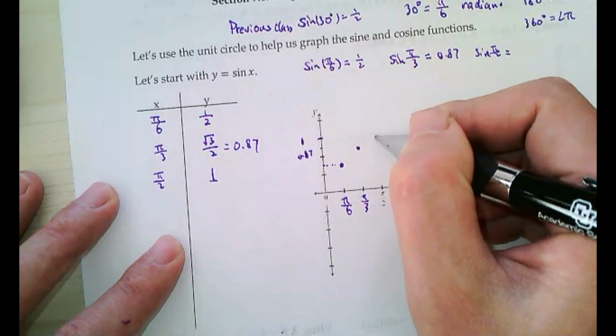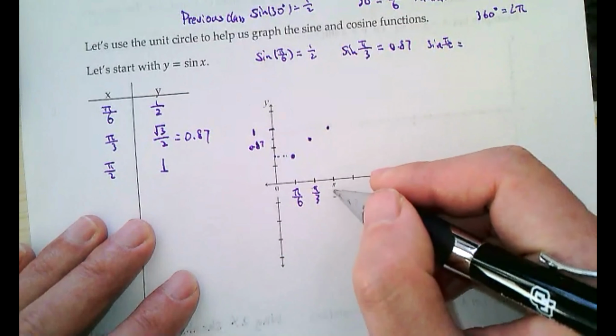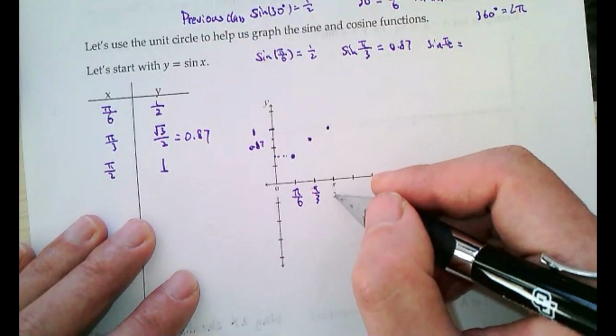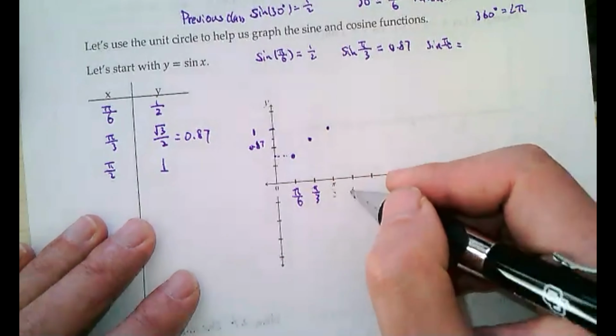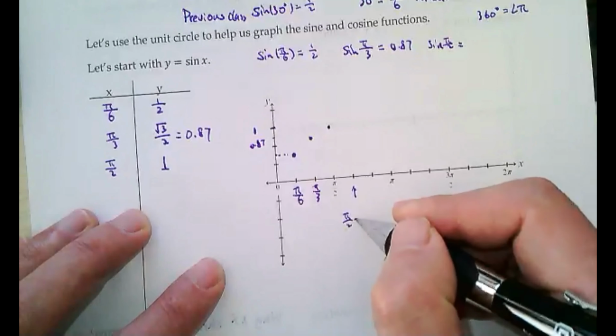Then we need to go down. Okay, this is 1. Then what is the next angle? This is pi over 2 plus pi over 6.